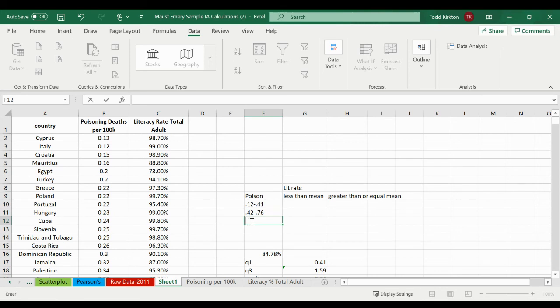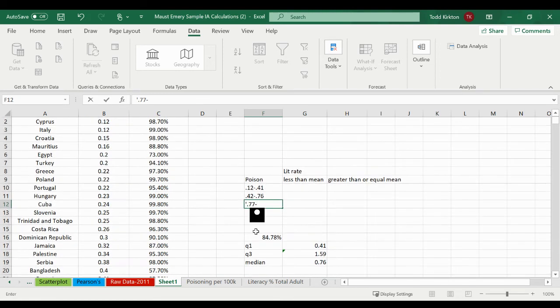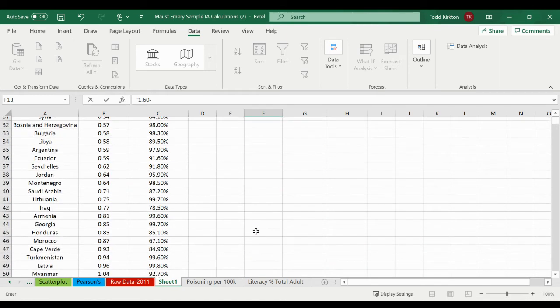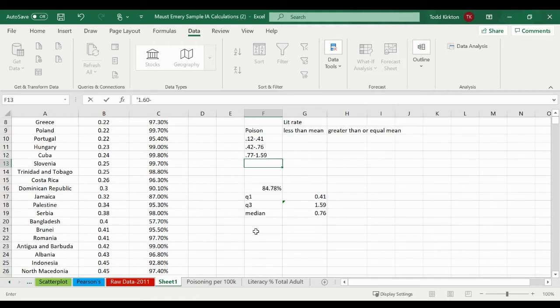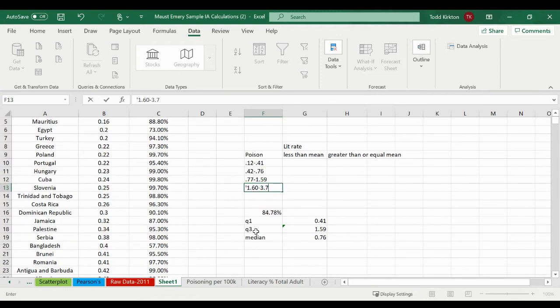And I could go 0.77 to the upper quartile, which is 1.59. And I could go 1.60, which is the next value up, to the max, which was 3.78. And so that gives me a rhyme or reason as to how I'm going to group these things.